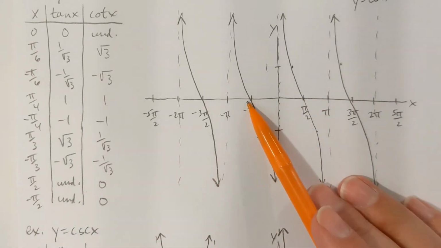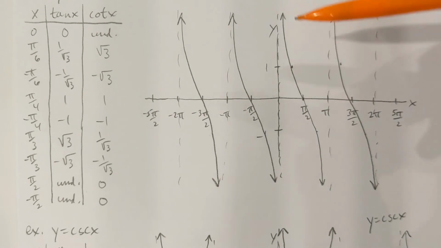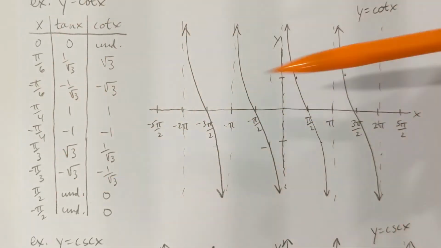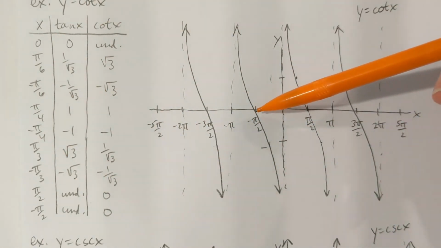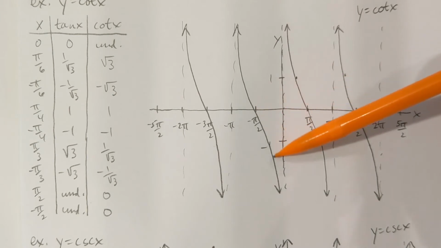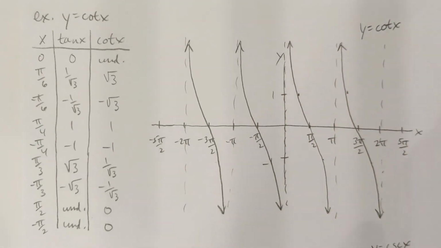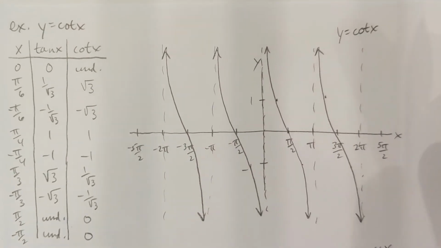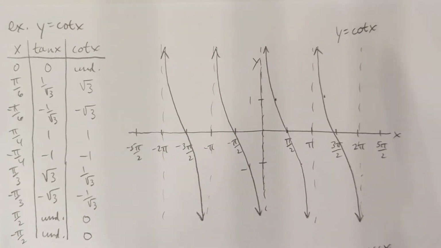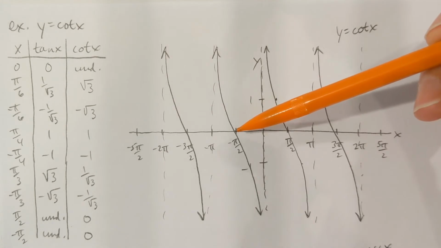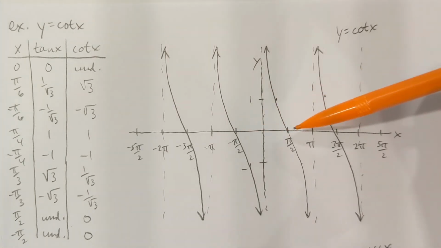Also, (negative pi over 2, 0) is on the graph. Now, I've looked at, so far, what the curve would be between negative pi over 2 and pi over 2. But the cotangent function is periodic, where the period is pi radians. So going from negative pi over 2 to pi over 2 would be a distance of pi radians, and I know that's going to repeat infinitely often.